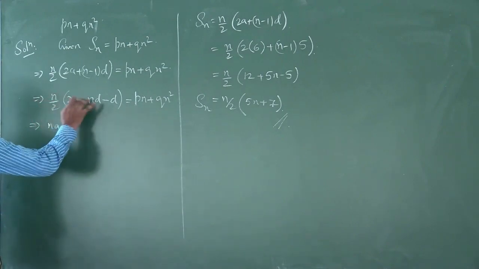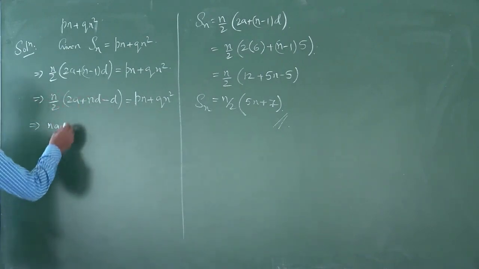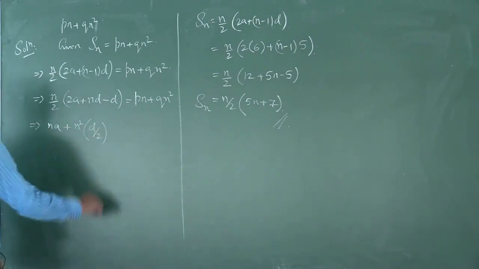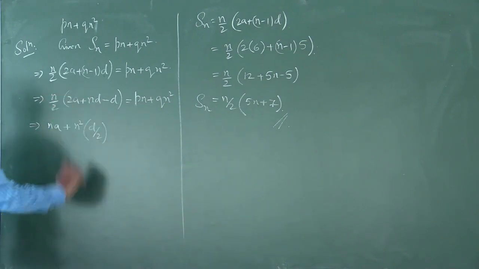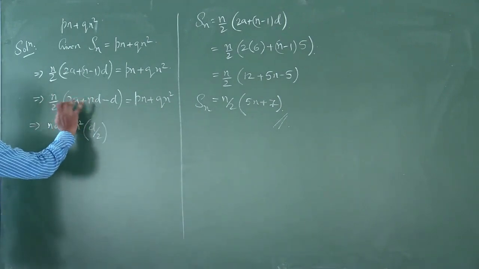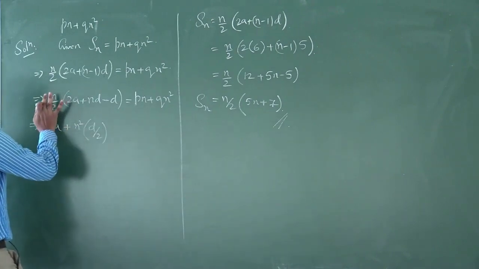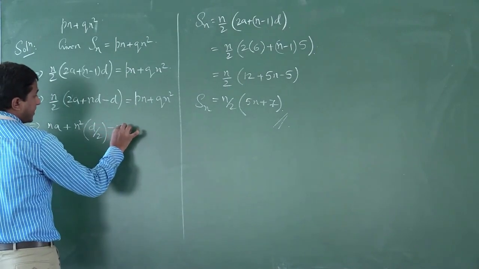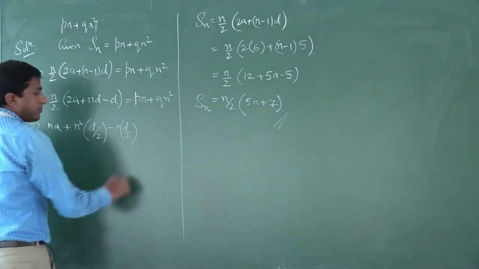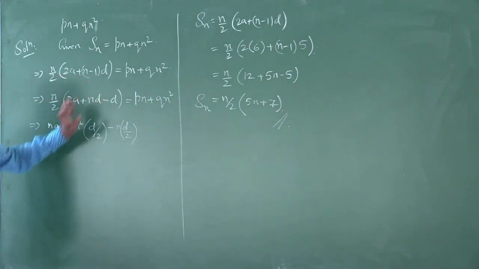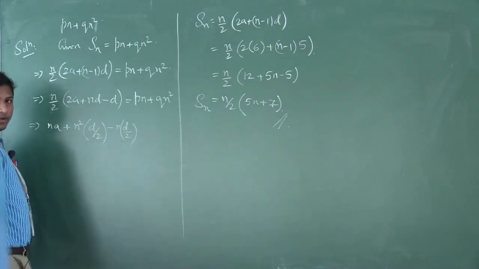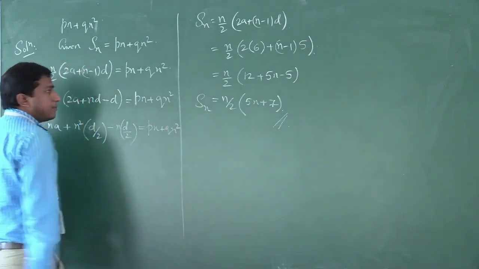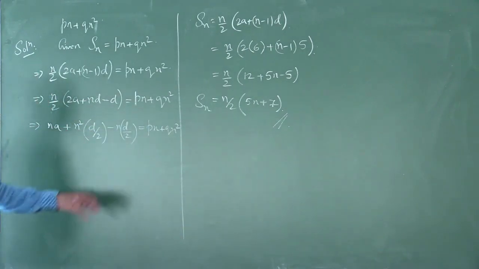Then n by 2 into nd, what do I get? n square into d by 2. Then n by 2 into minus d, what happens there? Minus n into d by 2. So n by 2 into minus d is minus n into d by 2. The RHS remains as it is, Pn plus Qn square.